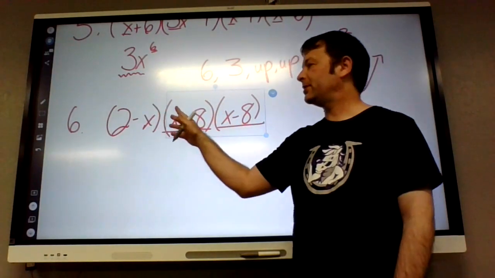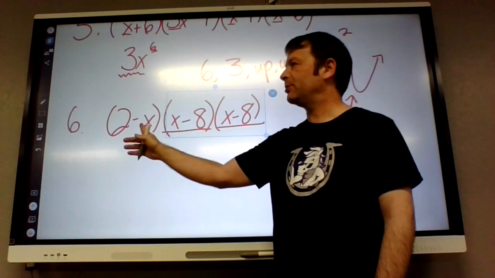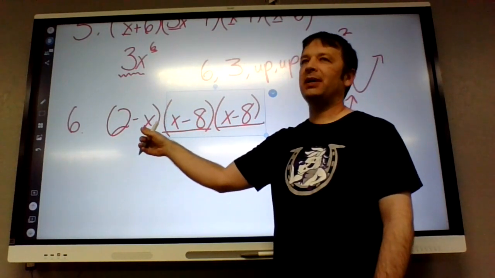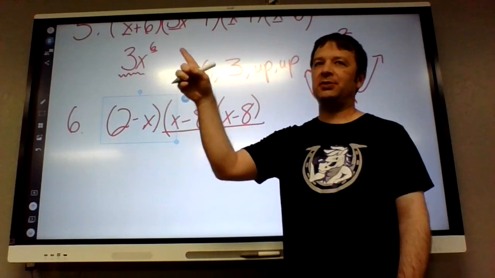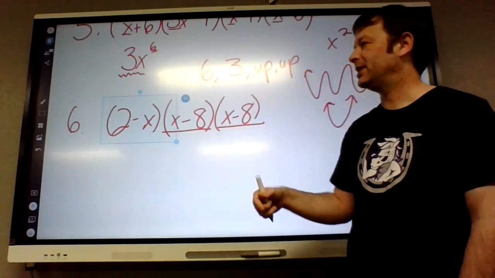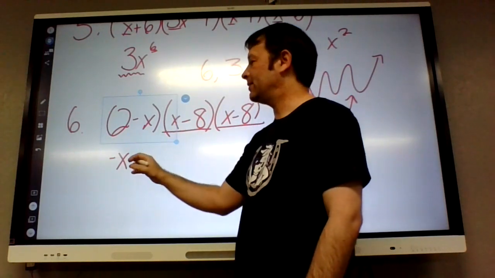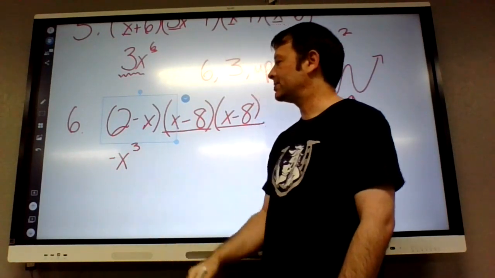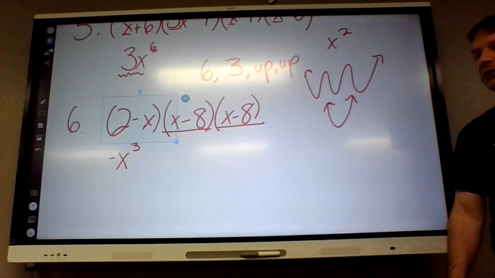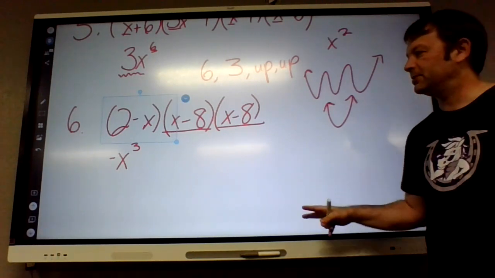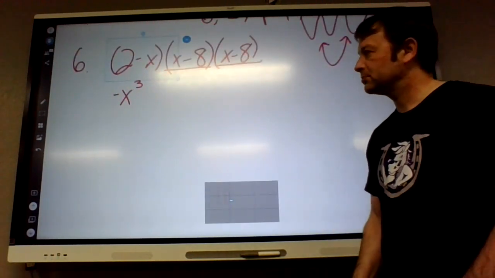Okay, and then if we took x squared times this, what would be the largest term, or the first term? Negative x cubed, because there's a negative on that x. So x times negative x basically is negative x cubed, which would be the leading term. I'll stop there now that I did the tricky part.